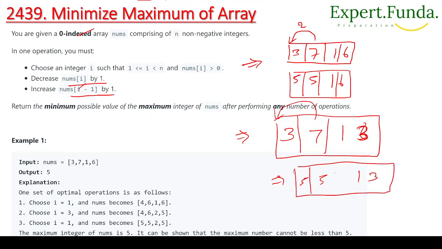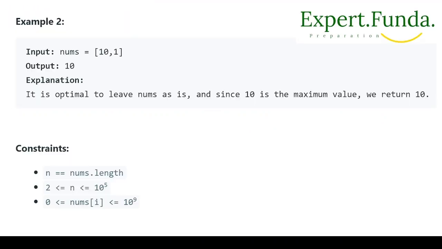The maximum value here is 5. This is the minimum maximum value we can make. In this way we will update each time.